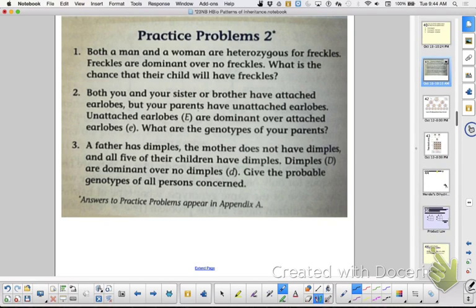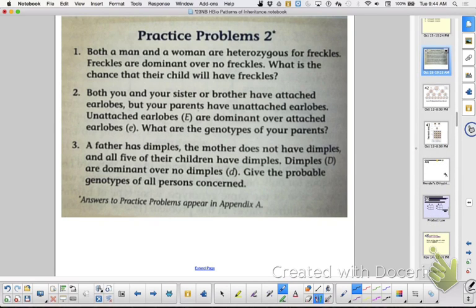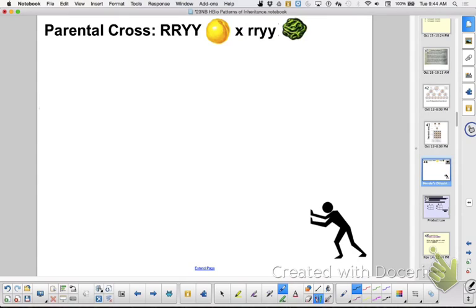Now, we are going to move on. We've done only monohybrid crosses. Now we're going to do a dihybrid cross. So take a big breath in, let it out. Okay, good. Now, this is one parent, and here is your second parent.